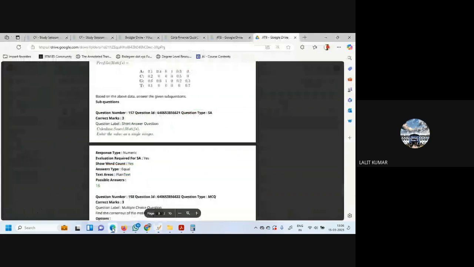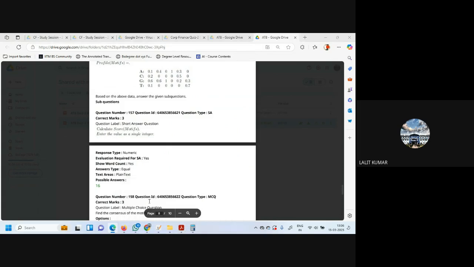I know the probability that this score will be this one. Probability this, and probability this. This is the score of this motif. Let's check how this is 16, the single integer.